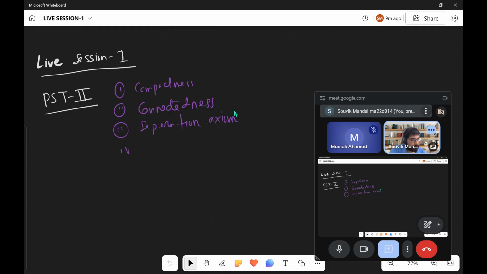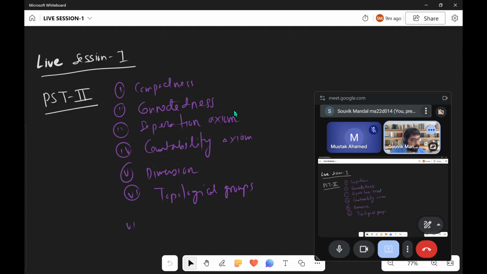The fourth chapter is countability axioms. The fifth chapter is dimension. The sixth chapter is topological groups. The seventh chapter is manifolds. So more or less these are all the things which we must learn in this points topology part 2 course.